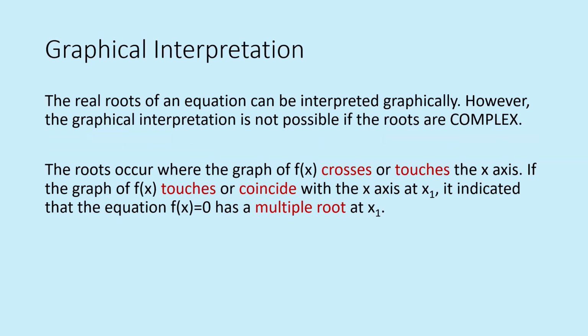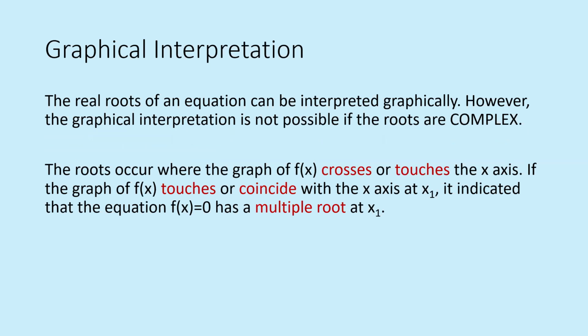The first method for finding the roots of a function is graphical interpretation. The real roots of an equation can be interpreted graphically. However, the graphical interpretation is not possible if the roots are complex.